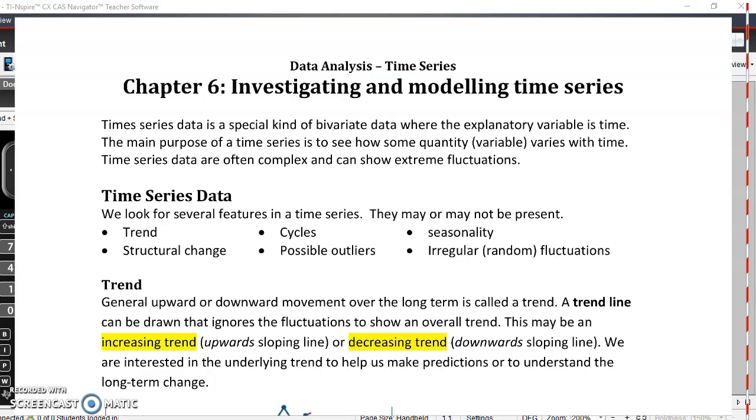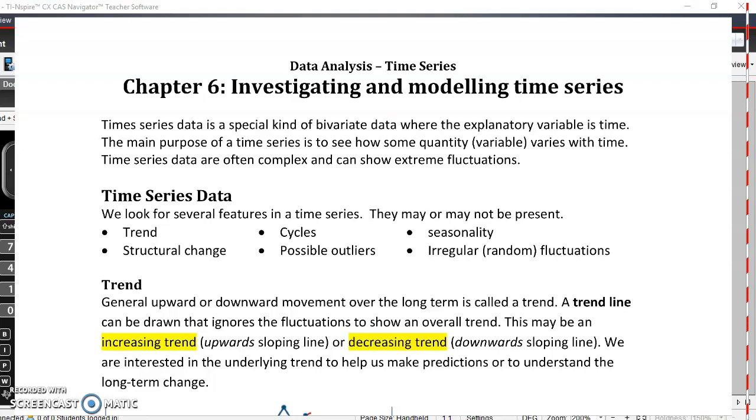When we're looking at time series data, we look for several features. Some of them might be present, some of them may not be there. One of the things we're really looking for is trend. A trend is what's happening over a longer period of time.